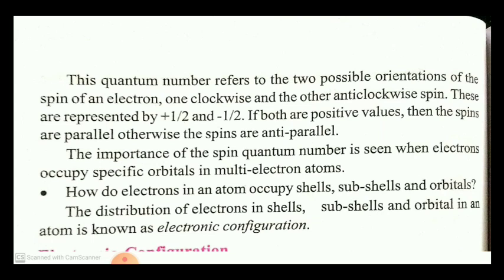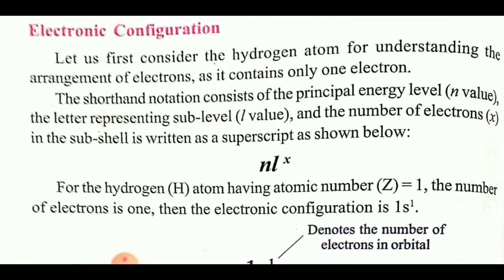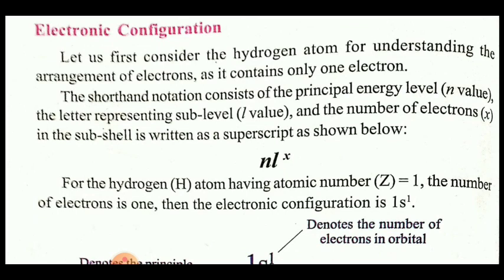With reference to n, l, ml and ms, the representation of the distribution of electrons is known as the electronic configuration. Here let us see the electronic configuration.